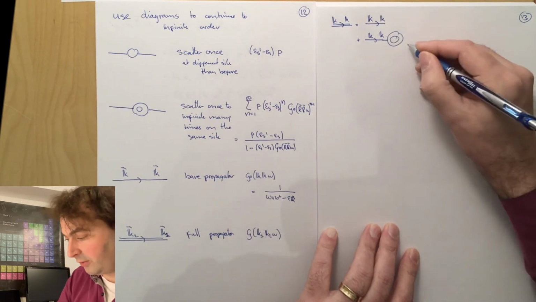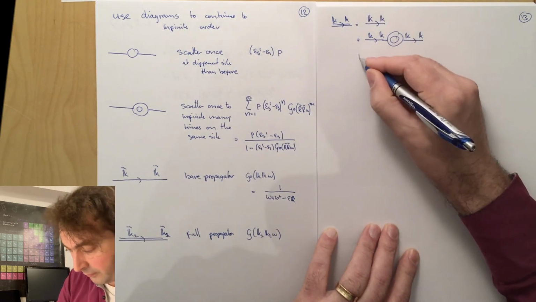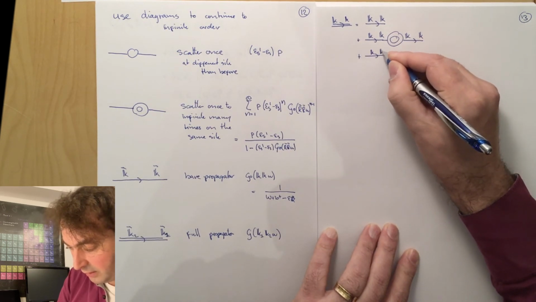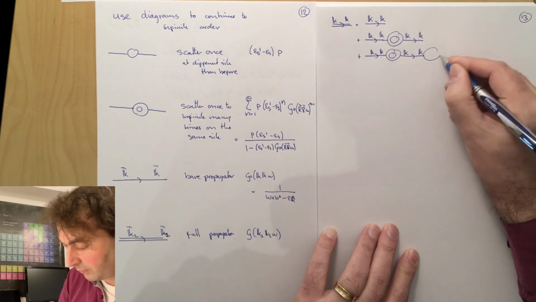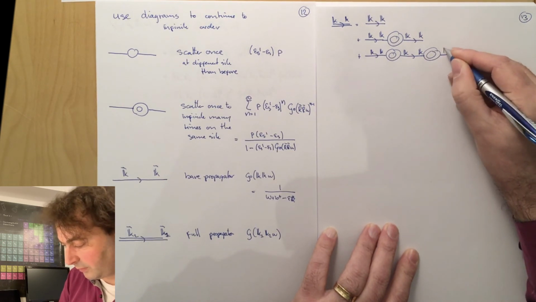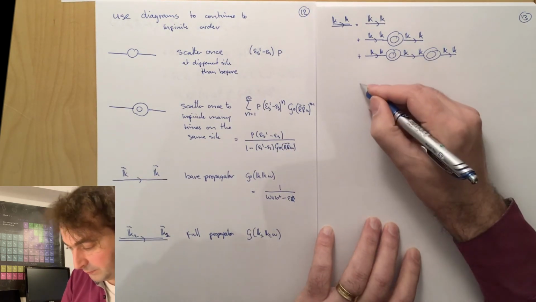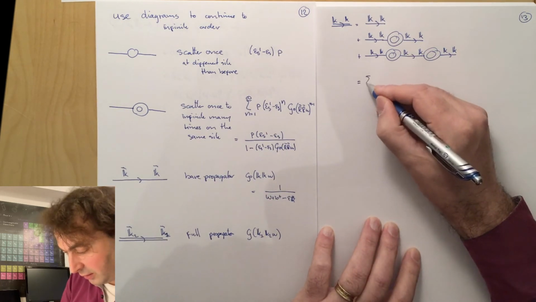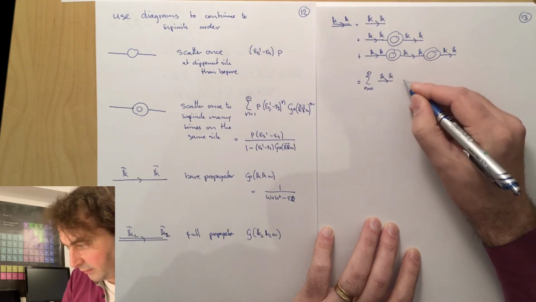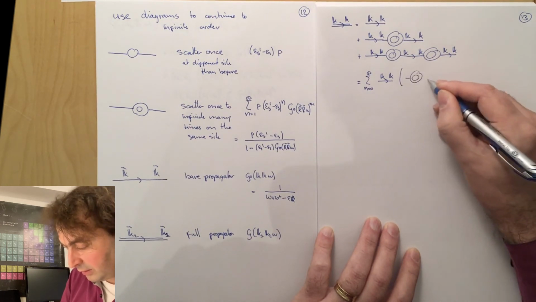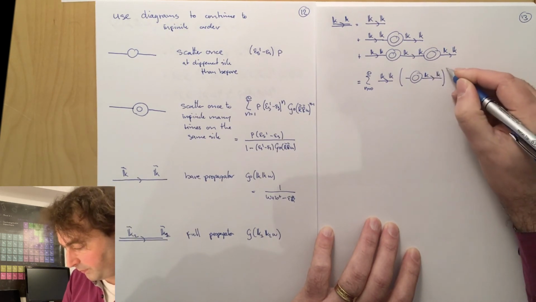Then we scatter once to infinitely many times on the same site, and again propagate with crystal momentum k, or we can propagate with crystal momentum k, scatter 1 to infinitely many times on the same site, propagate with crystal momentum k, and scatter 1 to infinitely many times on the same site, etc., etc. And this is nothing else than the sum of n is 0 to infinity of the bare propagator times scattering 1 to infinitely many times on the same site times the bare propagator to the power n.